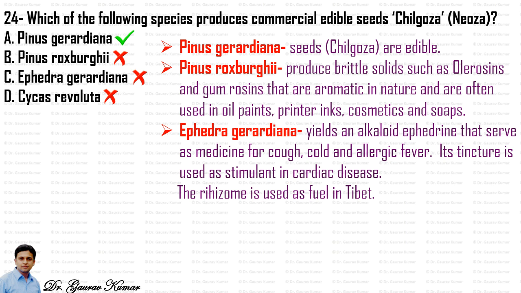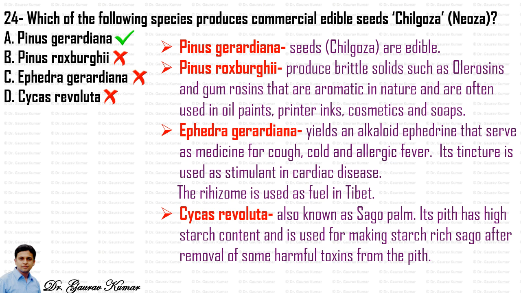Its tincture is used as a stimulant in cardiac disease and its rhizome is used as fuel in Tibet. Cycas revoluta is also known as sago palm. Its pith has high starch content and is used for making starch-rich sago after removal of some harmful toxins from the pith.